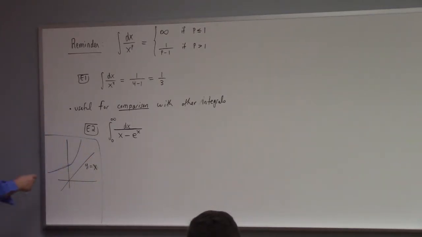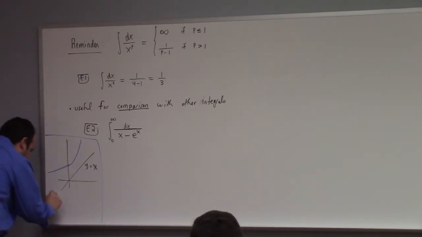You can see that there's no place where x minus e to the x is 0, because that would be where these two graphs met. E to the x starts out in front of y equals x, and it stays in front, because it always grows faster. Another way you could prove this directly would be to look at g of x equal to x minus e to the x.